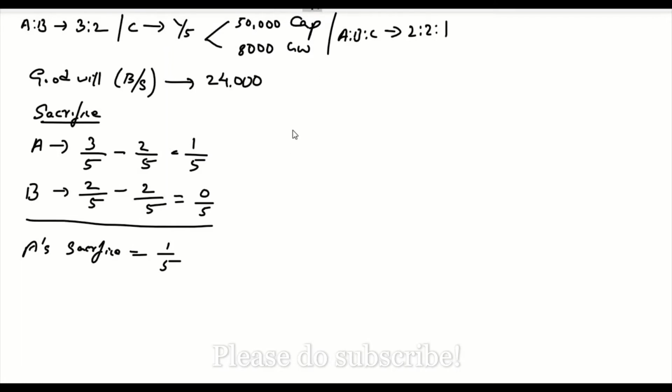Okay, so the first journal entry: in the books there is an existing goodwill of 24,000. This has to be written off. So the journal entry for that is A's capital account debit, B's capital account debit, to goodwill.